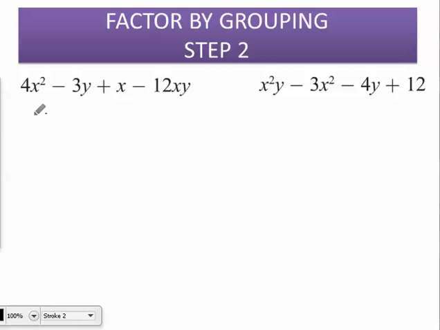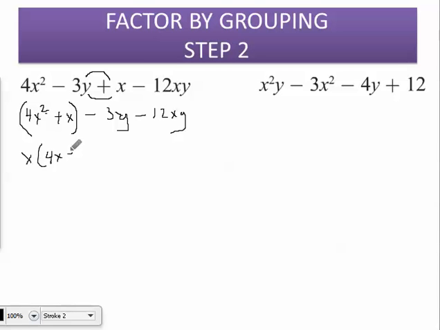Commutative property says I can move things around. 4x squared plus x minus 3y minus 12xy. Why'd I do that? I swapped these two terms right here. Why'd I do that? Because now when I group these two together, I can see that I'll have an x that I can pull out of them. And I'll have a 4x plus 1.